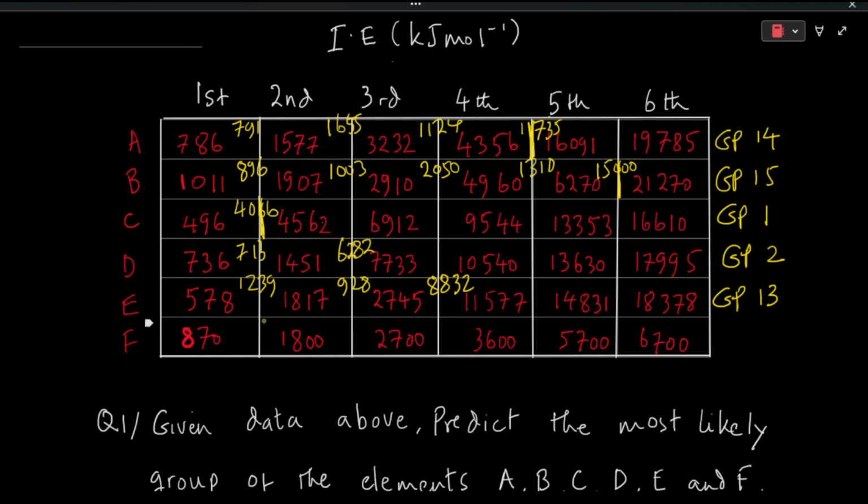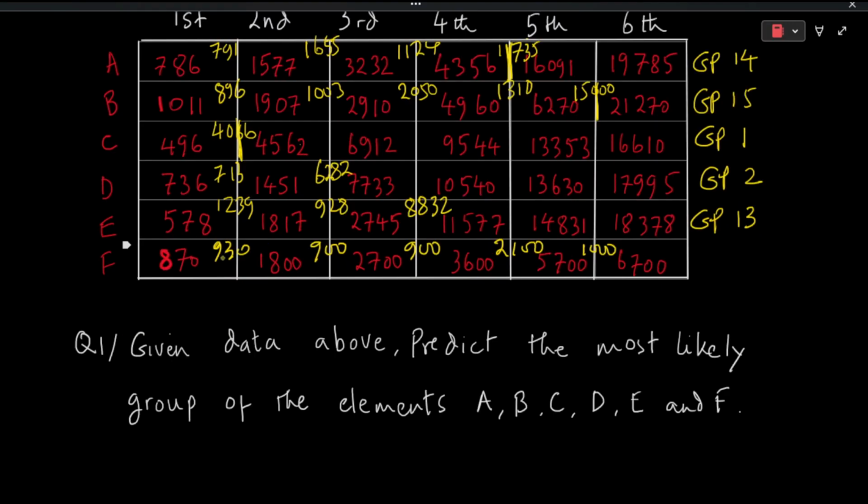Now with element F, the difference between the second and the first is 930. Between the third and the second is 900. Between the fourth and the third is also 900. Fifth and fourth is 2,100. The difference between the sixth and the fifth is 1,000.